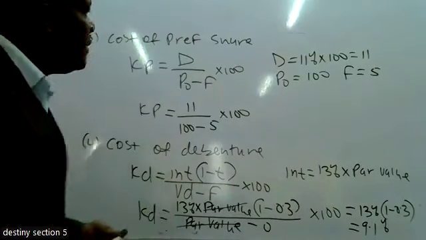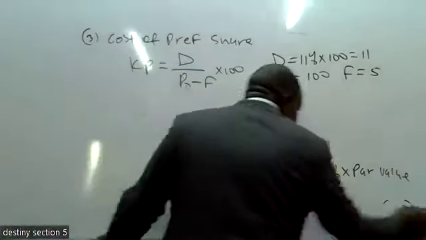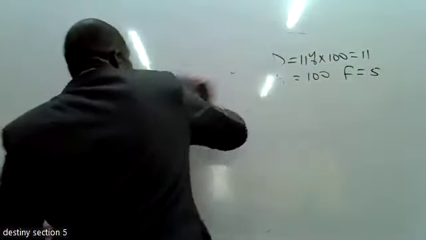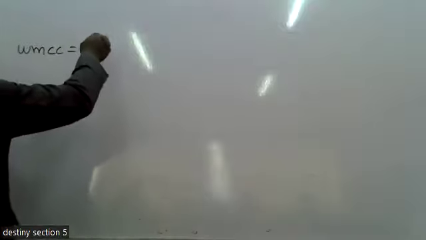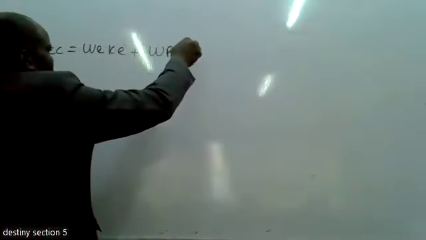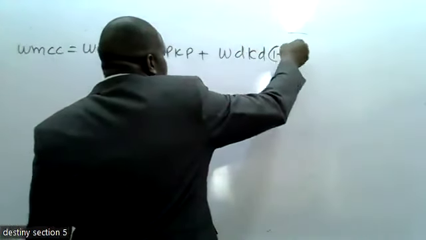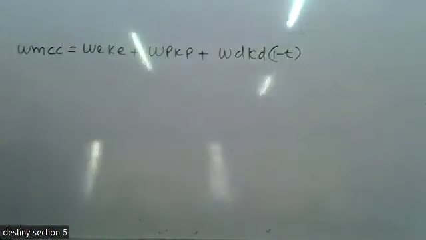The weighted marginal cost of capital is given by the weight of equity times its cost, the weight of the preference share times the cost of the preference share, and the weight of the debenture times the cost of the debenture, which is after tax, always after tax.